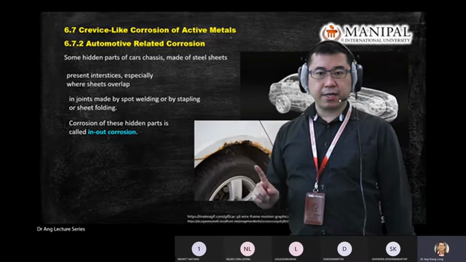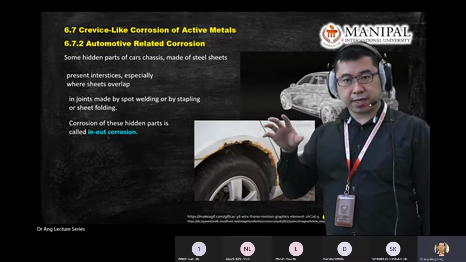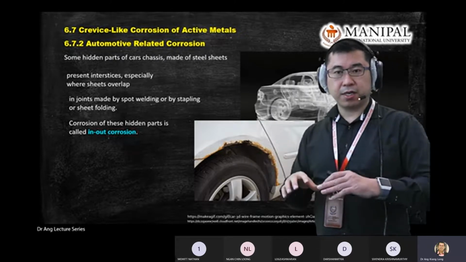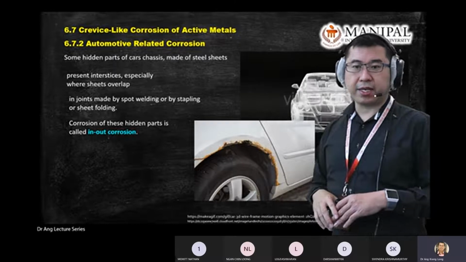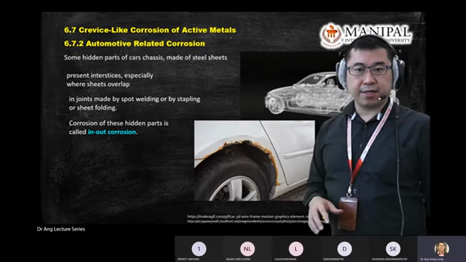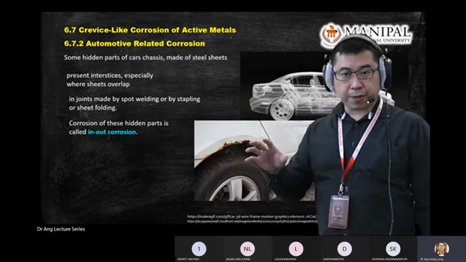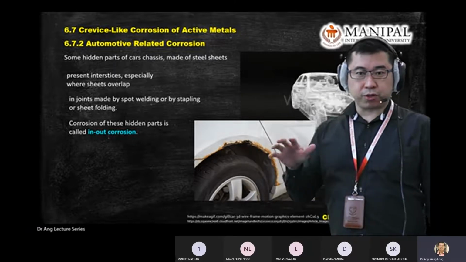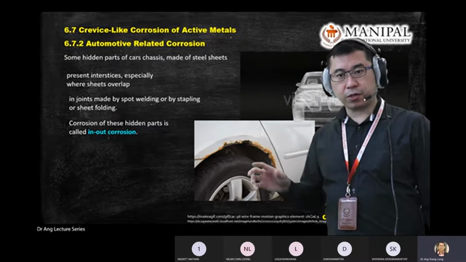Maybe your car was in a flood area and submerged in water for so long, and then you plan to sell the car. You need to get a permit from Puspakom to check your car and certify it is fit for the new user.